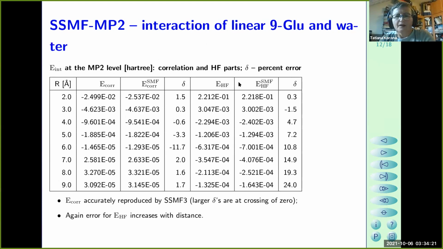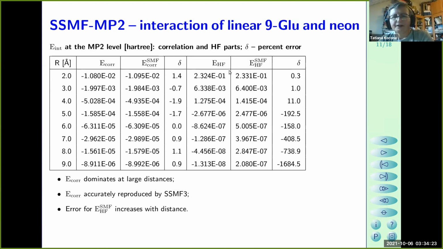While for the Hartree-Fock part of the interaction energy, the good agreement appears actually only for the smallest two distances, while for larger distances the error becomes larger. Here the value of this interaction energy becomes small, but it is still not negligible, and the error is not good.